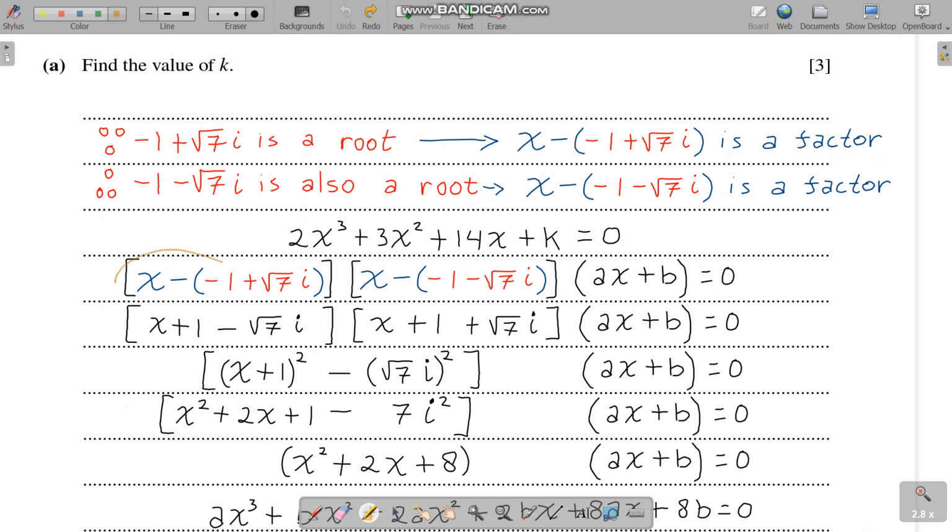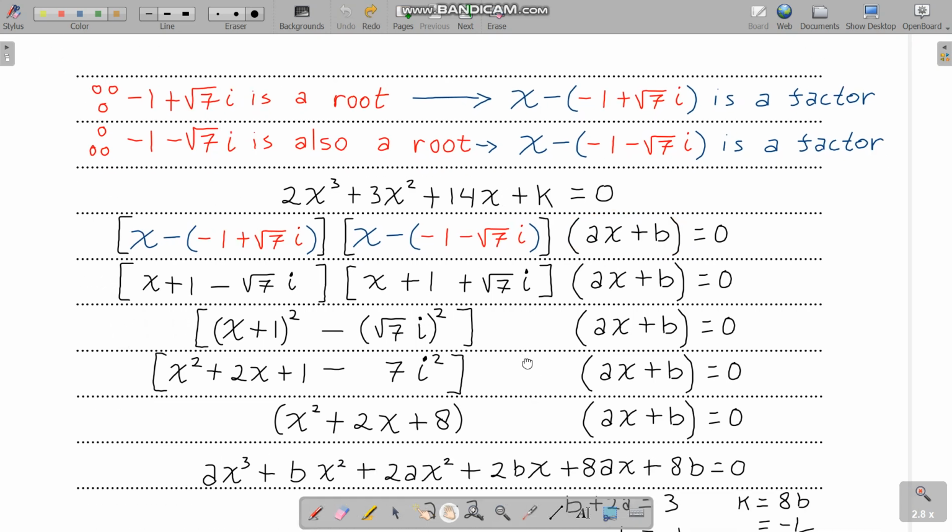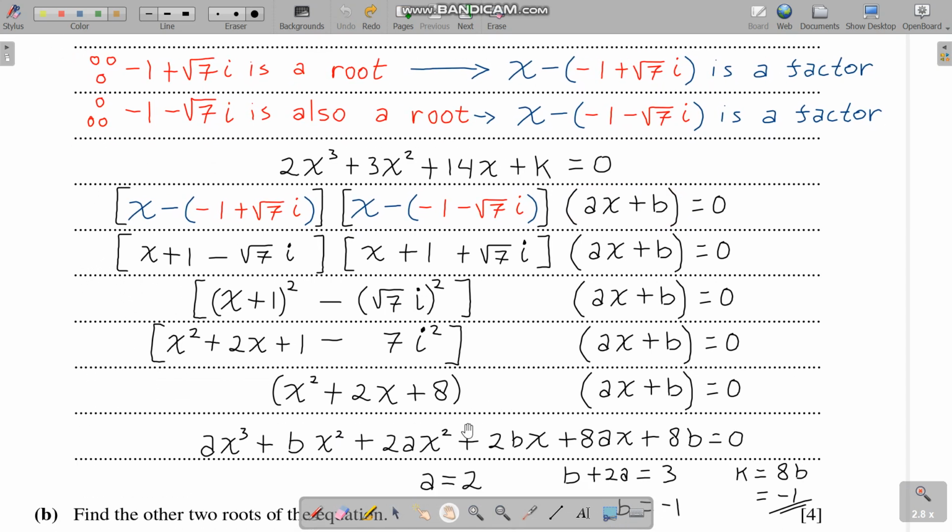So now we know that this is the original equation. We know that this is the first factor, this is the second factor, so the third factor must be some linear ax plus b. To simplify this, open up the brackets: minus times minus, minus times plus, minus times minus, minus times plus. So now we have x plus 1 minus something, x plus 1 plus something.